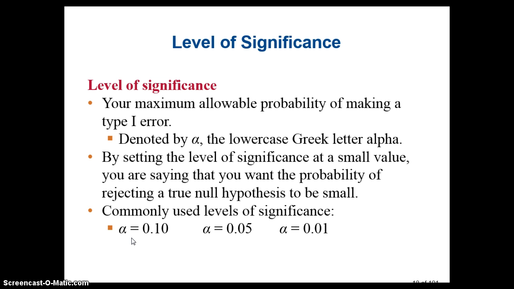But think about it this way: 0.1 basically says there's a 10% chance that you reject the null hypothesis when you should not have. There's a 10% chance the null hypothesis was actually true. There's a 5% chance in this case that the null hypothesis is actually true.